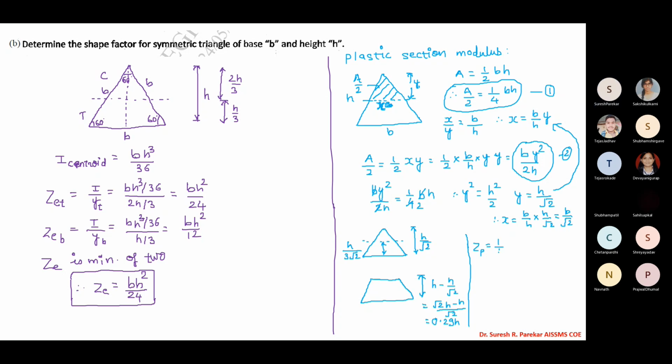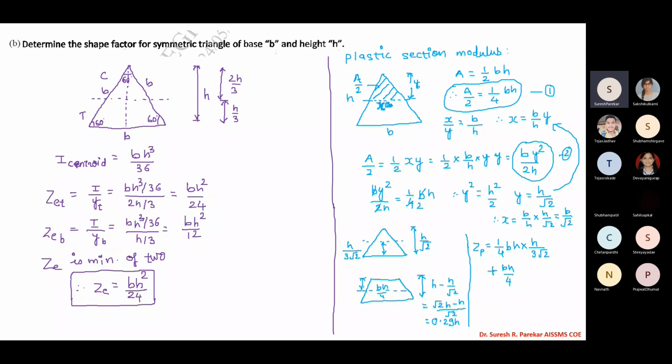So we have 1/4 BH into H divided by 3 root 2, plus the second portion. Also area of this we know is BH by 4, and the distance of H from here we have H by 3.